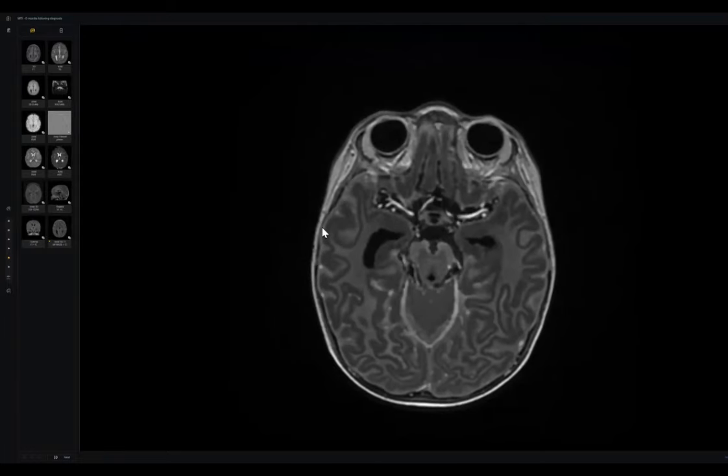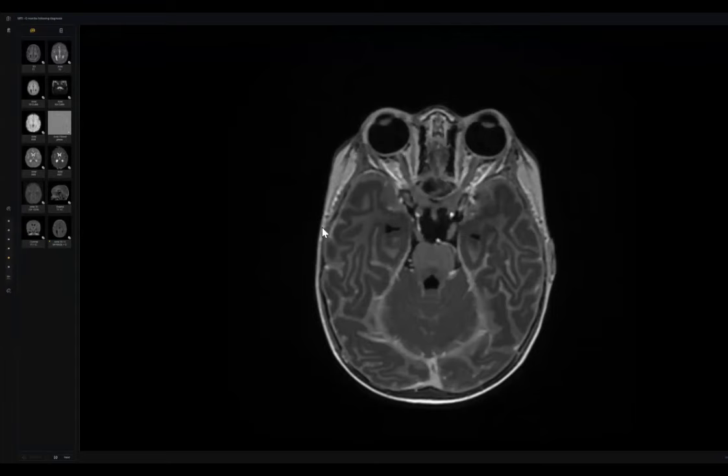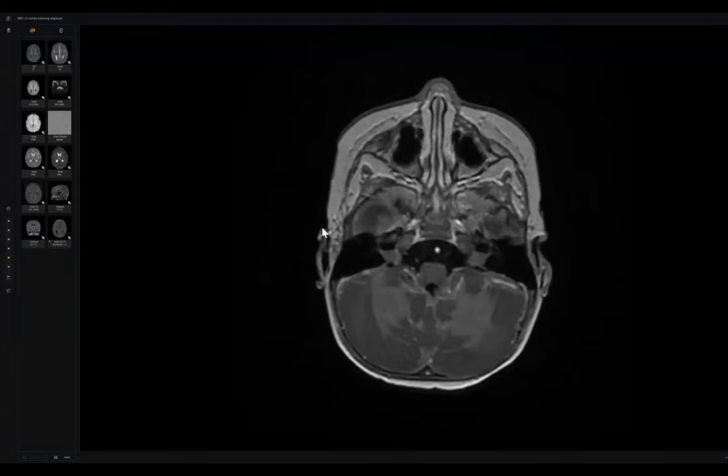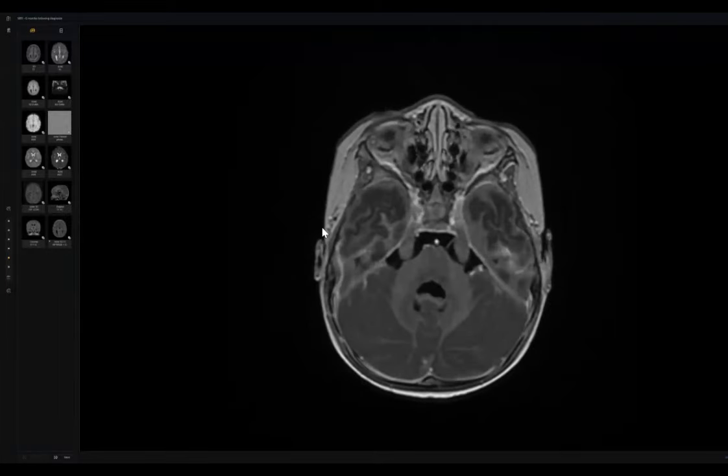In this pediatric patient, I am provided with multiplanar MRI images of the brain and spine. I can see that there is diffuse leptomeningeal enhancement of the brain as well as the spine.